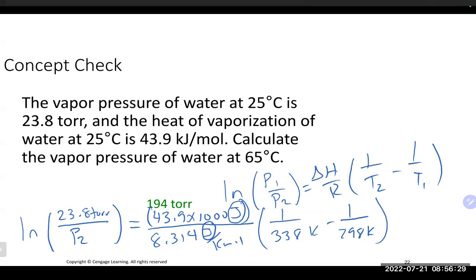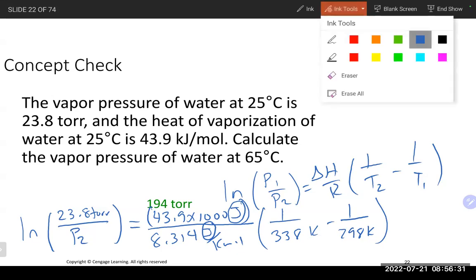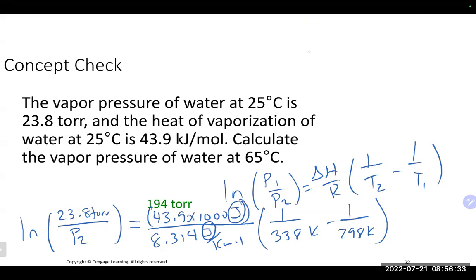All right, so kind of cleaning up the right-hand side here. Looks like I end up with, just to make sure here, 1 divided by 338 minus 1 divided by 298. I believe I end up with minus 2.0969 on the right.